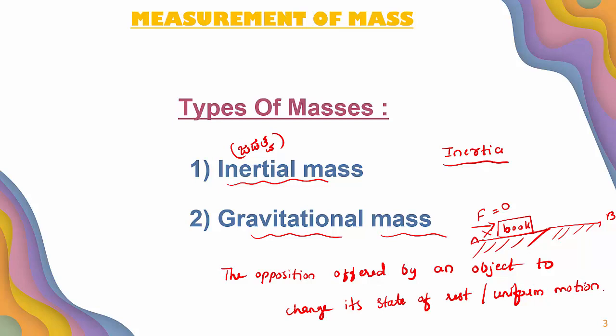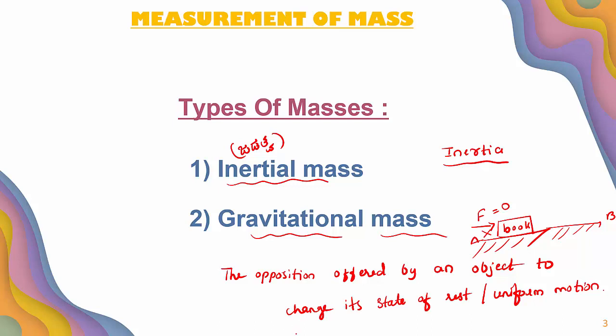The opposition offered by an object to change its state of rest or uniform motion. If you apply force, then only its state changes. That may be rest to motion, motion to rest, or direction. So anyhow, this opposition offered by the object to change the state of rest or uniform motion is called inertia.